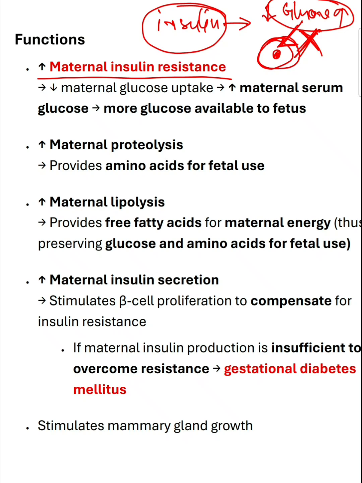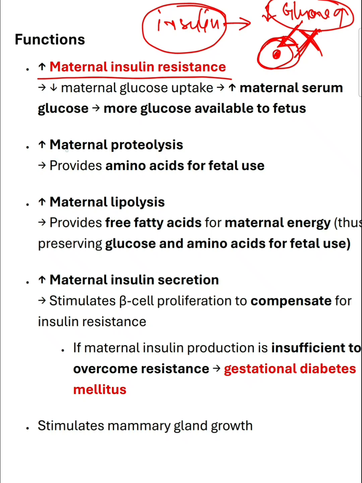And one of the ways it gets fuel is glucose. So when this human placental lactogen provides this insulin resistance in the maternal body, the blood glucose level is increased, and that glucose, instead of all getting utilized by the maternal body, can now cross the placenta and go into the fetus, and the fetus can use that as fuel for its growth, right?